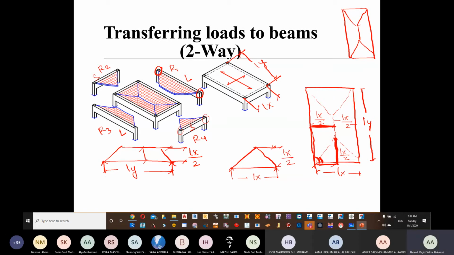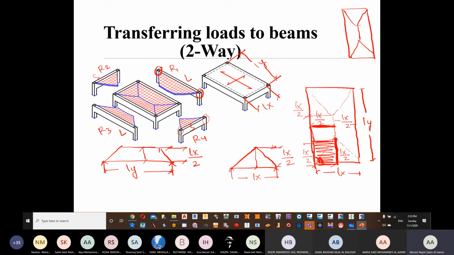So now we have the height of the triangle. We have the height of the trapezoidal. We know that this portion from here to here is Lx over 2. So this is going to be as well Lx over 2. Okay, Lx over 2.